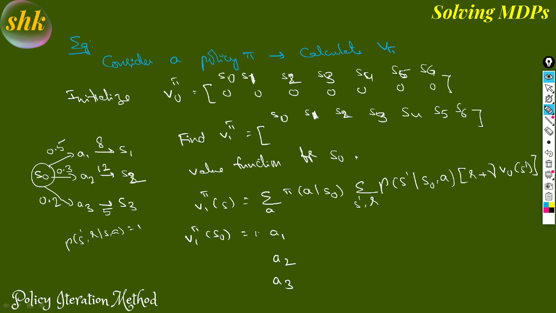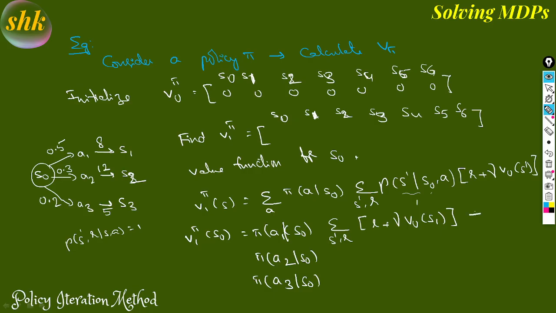Now the probability pi of A1 from the S0 state, pi of A2 from the S0 state, pi of A3 from the S0 state, we are going to multiply with S dash comma R. The probability of change of state, for simplicity, we consider as 1. So we will write this as R plus gamma times V naught. So when we take action A1, what is the change of state? It is equivalent to S1.